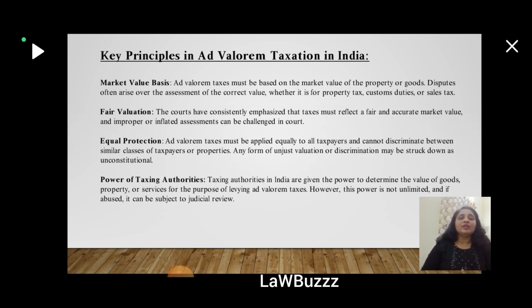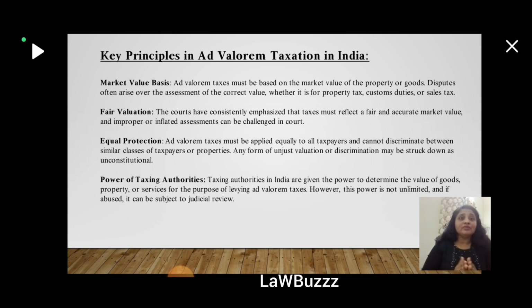So, the taxing authority has been given the power to tax according to the value of goods or property or services. They cannot levy too much tax. It should be according to the product, according to services, or goods.